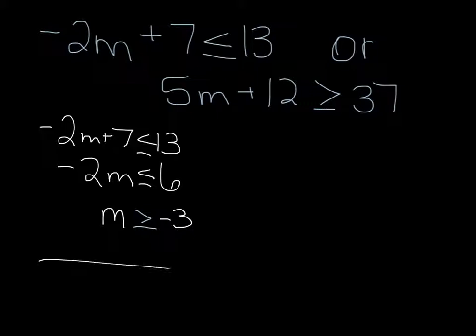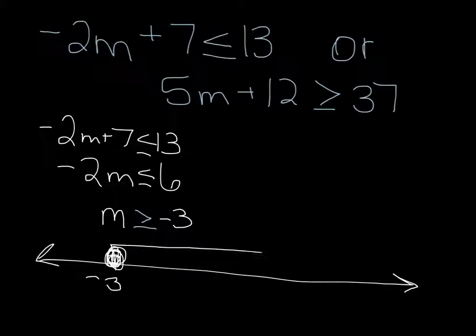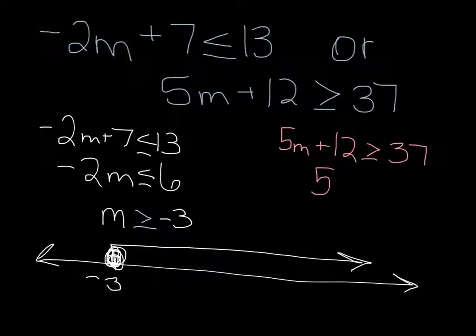So we want to have our graph, and we say that it is greater than or equal to negative 3. So negative 3 included, so we color in our circle, and it's all of those numbers. 5m plus 12 is greater than or equal to 37. You get 5m is greater than or equal to 25, and m is greater than or equal to 5.